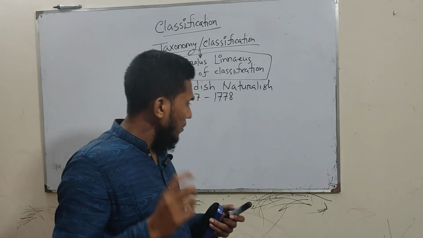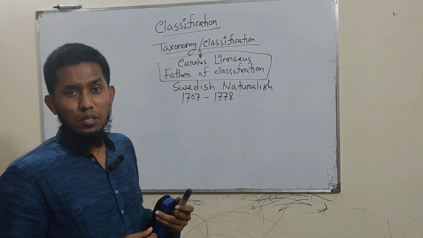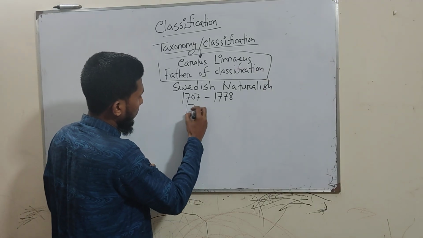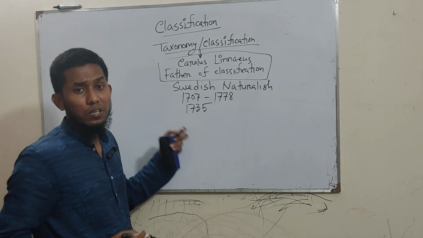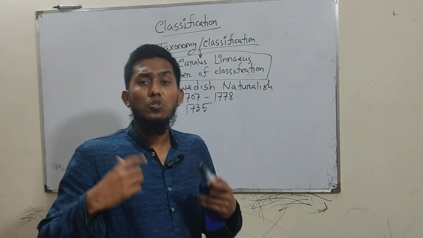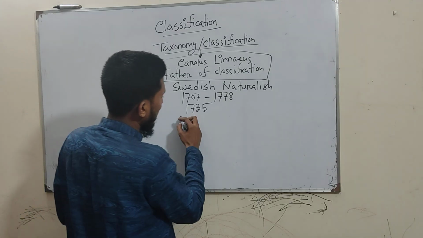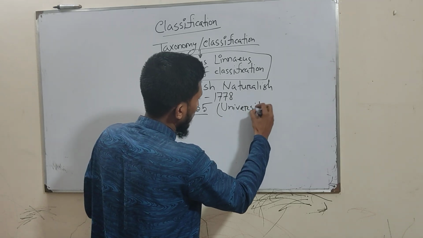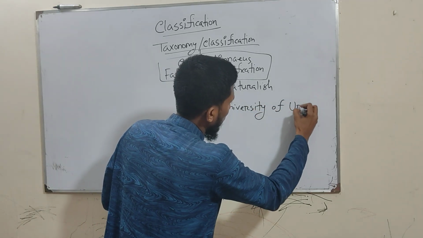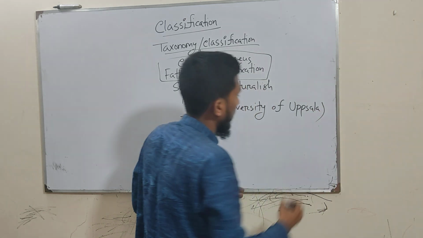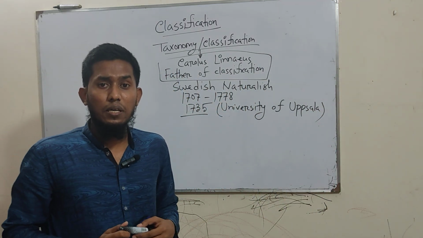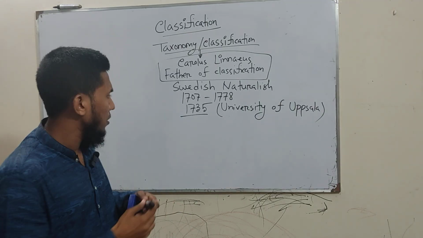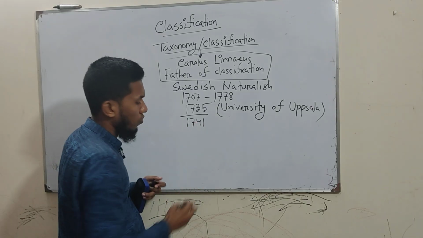This man received his postdoctoral degree in the year 1735 from the University of Uppsala. And he was appointed professor of anatomy in the same University of Uppsala in the year 1741.